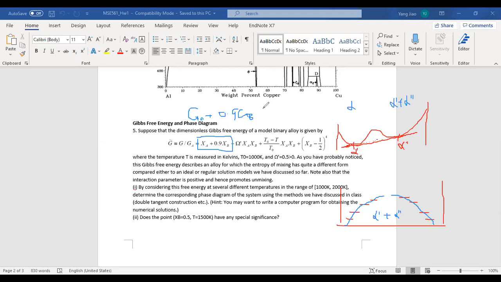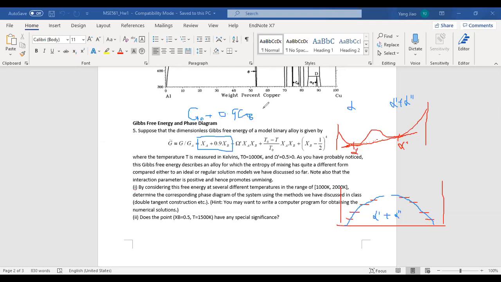The key here is to compare the stability of alpha versus alpha plus alpha prime, right? Whichever of these two choices has a lower free energy will be the stable phase. Their absolute value of free energy is not really an issue here. We're comparing these two. They can both be positive, but when alpha prime plus alpha double prime is lower, this means my system favors this two-phase coexistence.